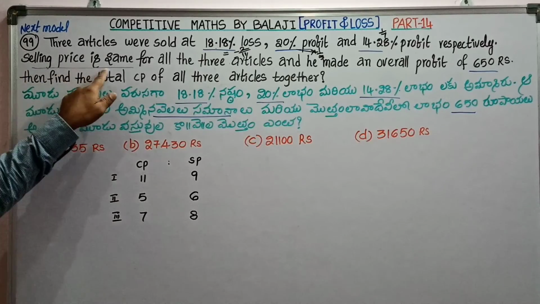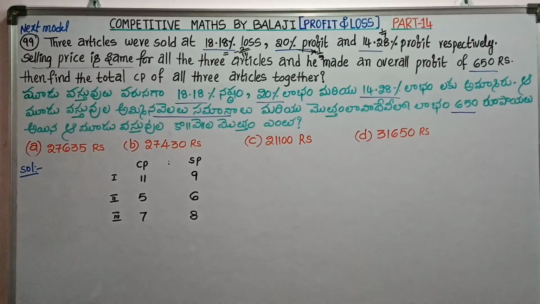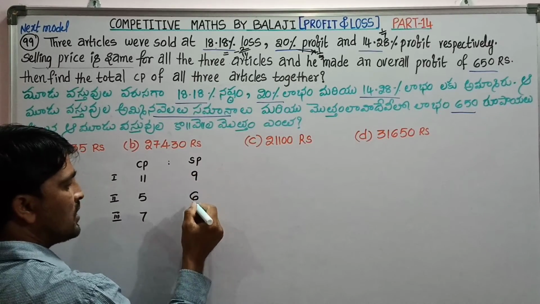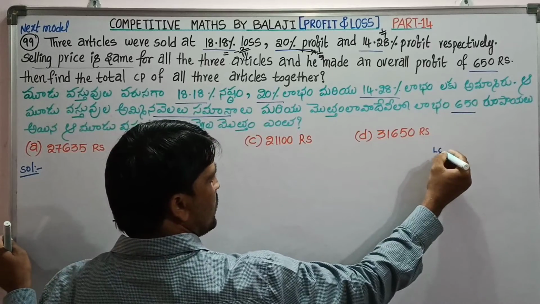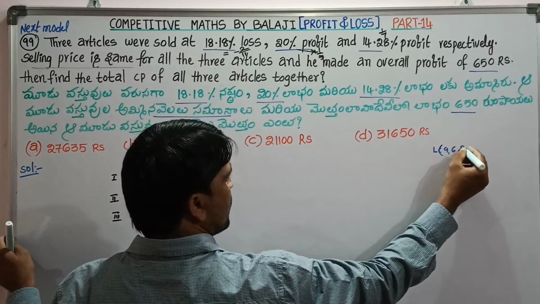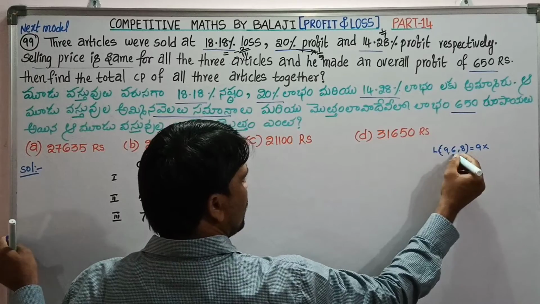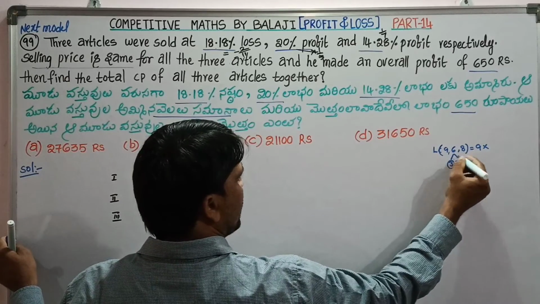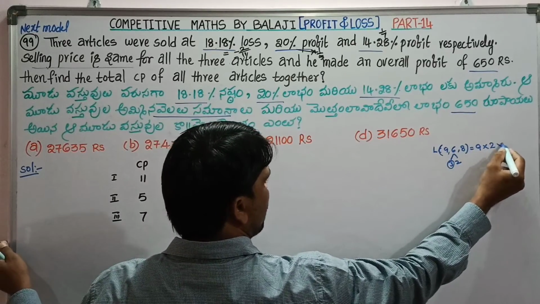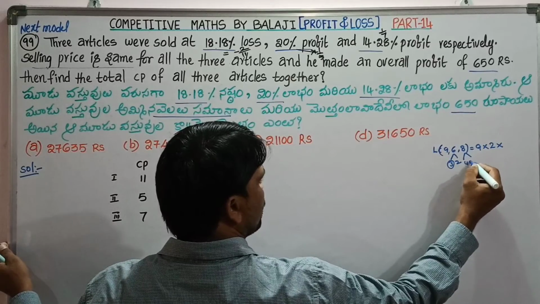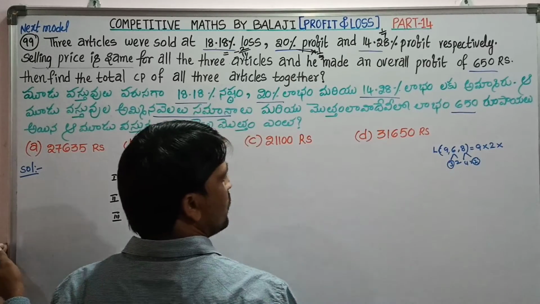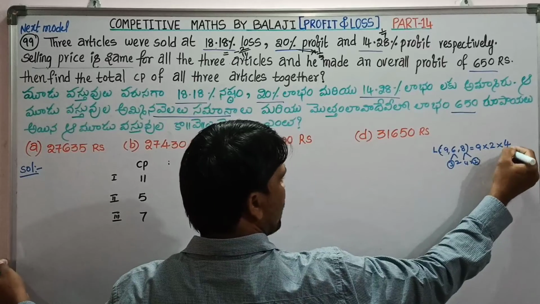Given that selling price is same for all articles, so we have to equate their selling prices. Consider LCM of 9, 6, 8. Take 9. So 6 means 3 2s, 3 already exists in the 9, so consider 2 in the product. 8 can be written as 4 2s, 2 already exists in 9 into 2, so consider 4 in the product.